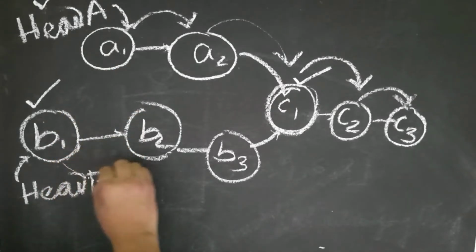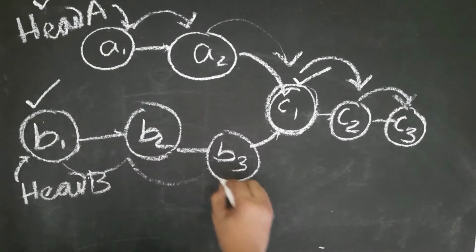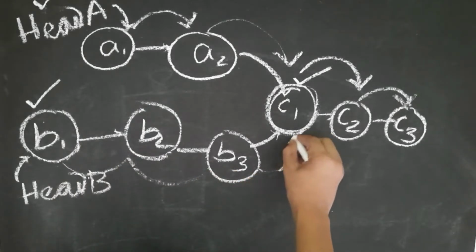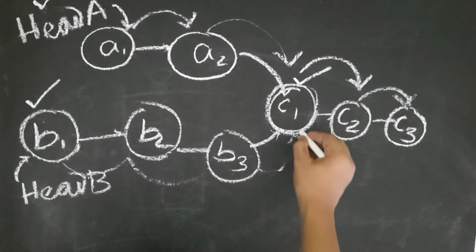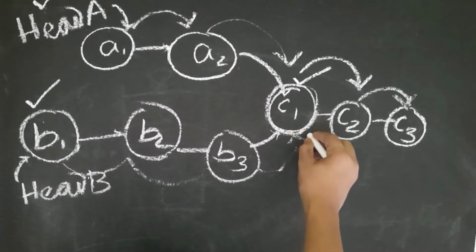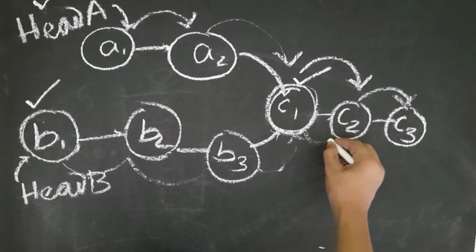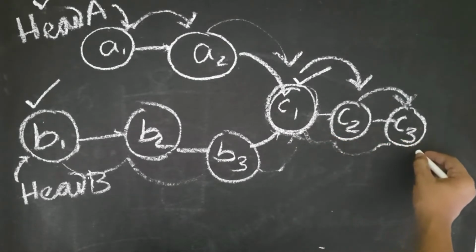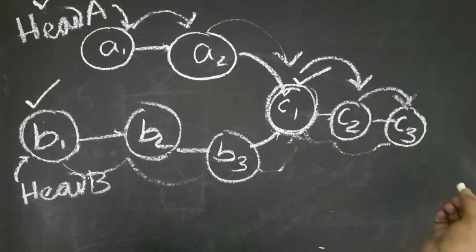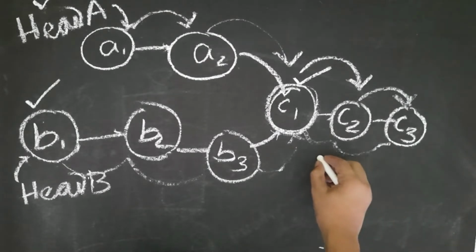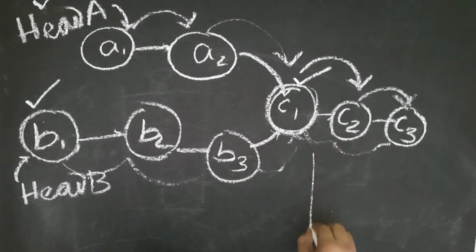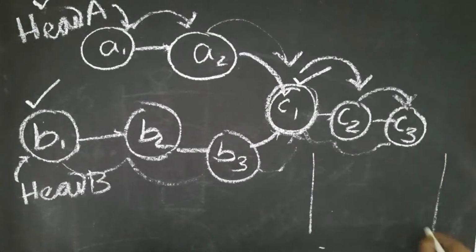If it is present, we will simply return the node, and if it is not present, then after the iteration we will simply return 0 or null.